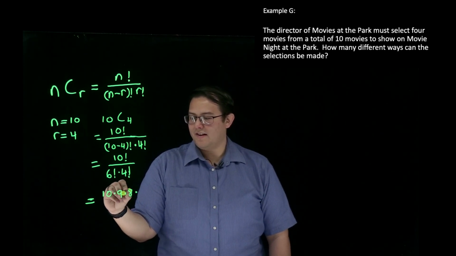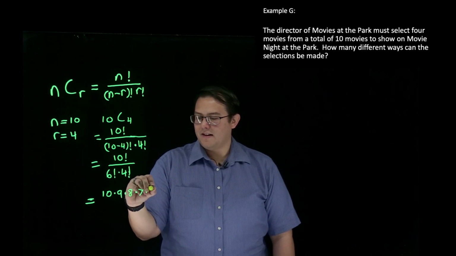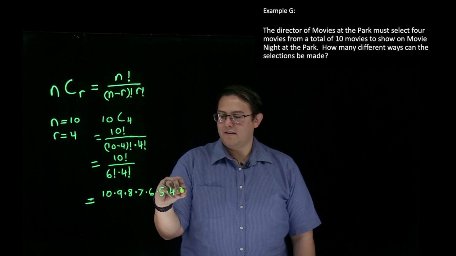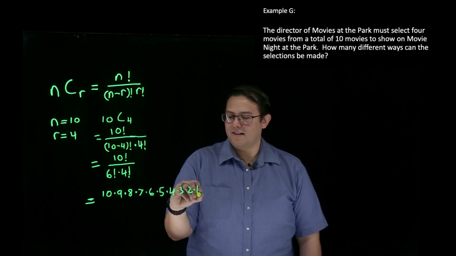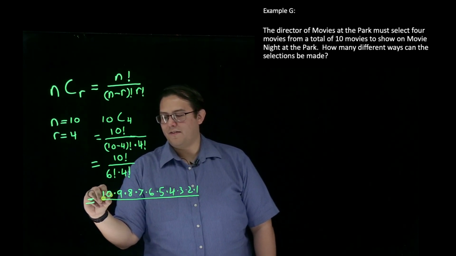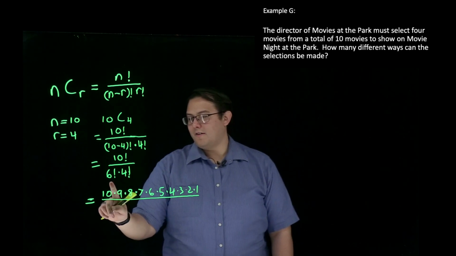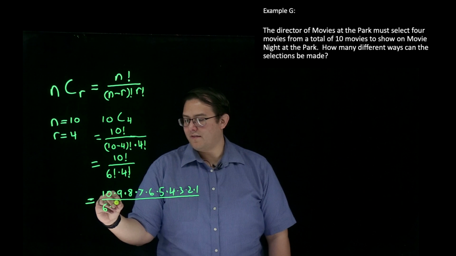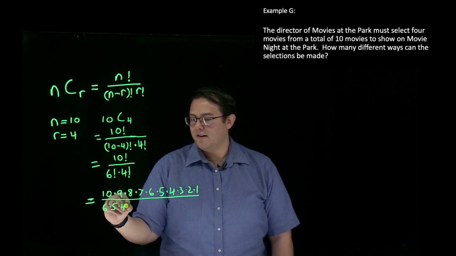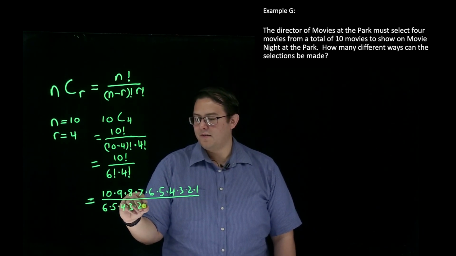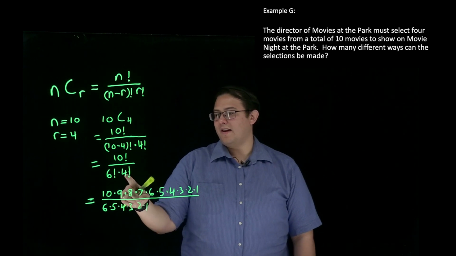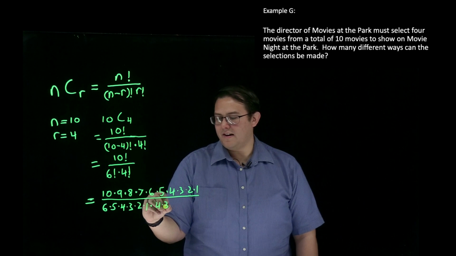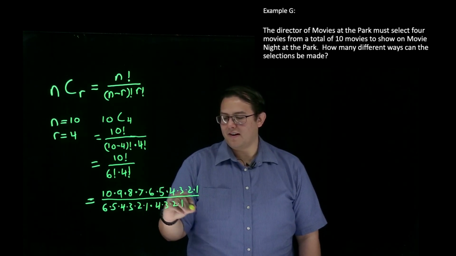So 10, 9, 8, 7, 6, 5, 4, 3, 2, 1, all over 6 factorial, which is 6 times 5 times 4 times 3 times 2 times 1, and now we have a 4 factorial. So times 4 times 3 times 2 times 1.